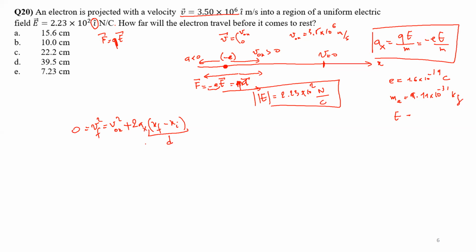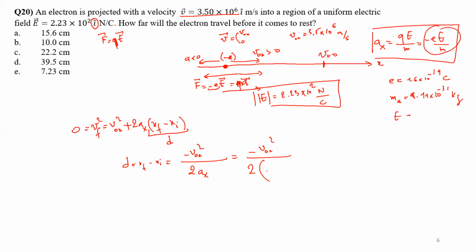So a_x I already know. So d, which is x final minus x initial, will be minus v naught x squared divided by 2a_x.